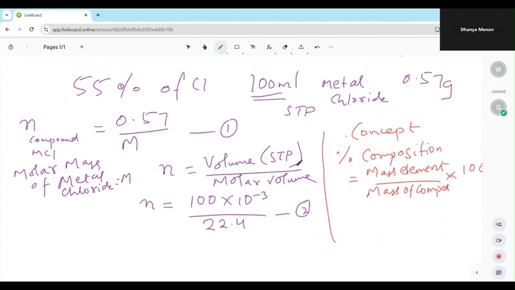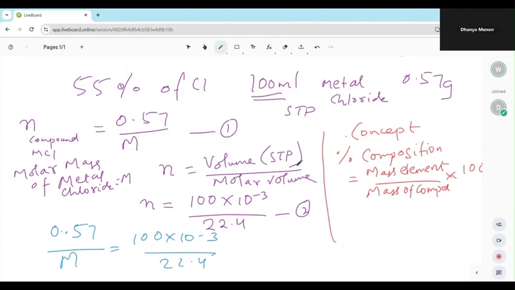So, I'll use another color. 0.57 by M, which is the molar mass of the metal chloride, is equal to 100 times 10 raised to minus 3 by 22.4.